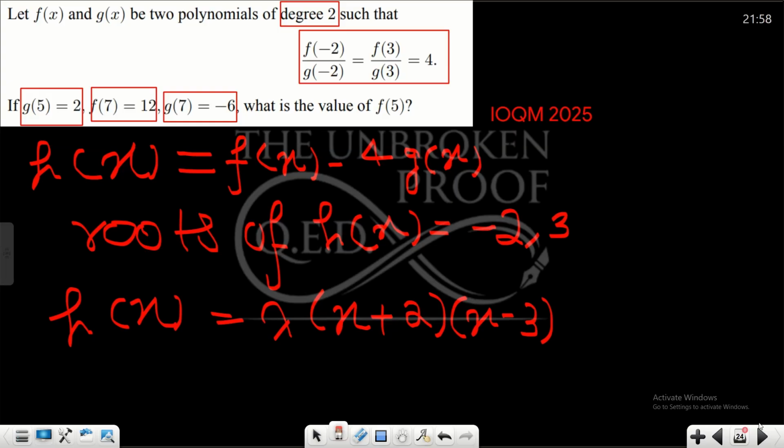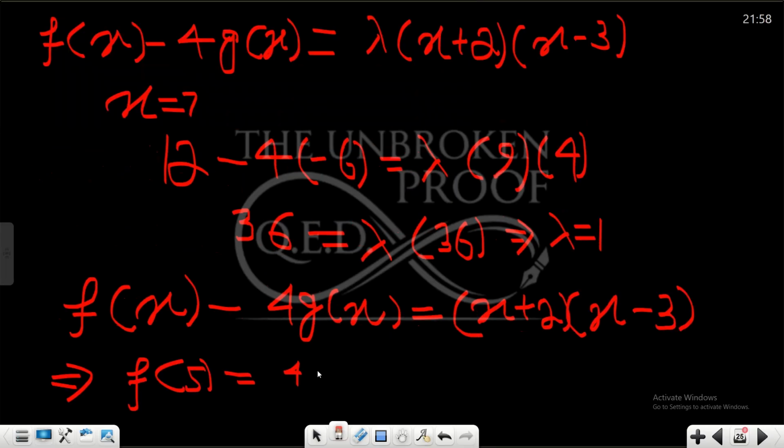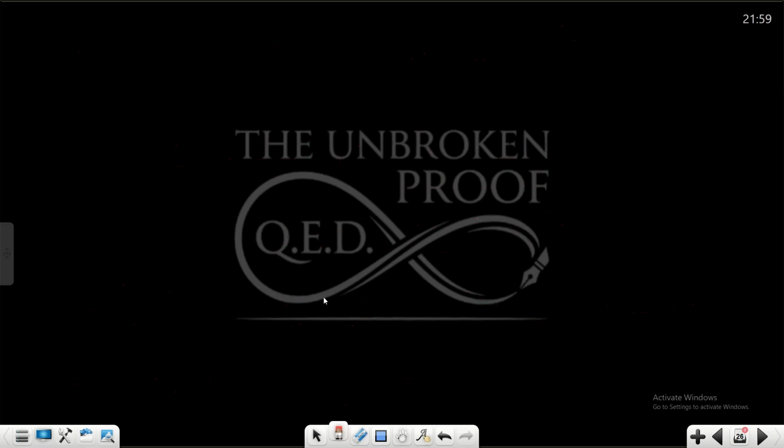G of 5 is 2, and 4 into 2 is 8, plus 5 plus 2 is 7, and 5 minus 3 is 2, and 7 into 2 is 14, and 8 plus 14 is 22. So the answer for this question is f of 5 should be equal to 22.